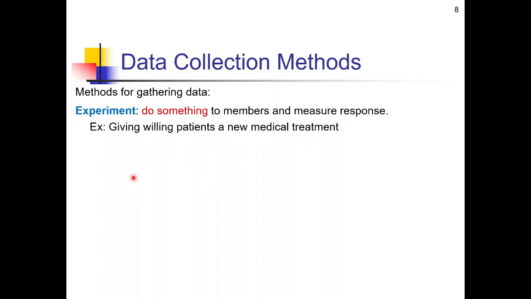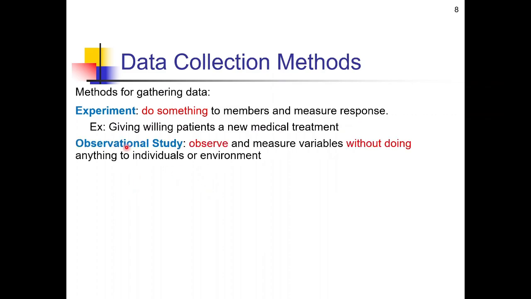Now, a less active way to do things is what we call an observational study. This is where you observe and measure variables without actually doing anything to the individuals or their environment. So for example, observing death rates in smokers versus non-smokers. I mean, we're not forcing people to smoke and then seeing whether or not that kills them sooner.